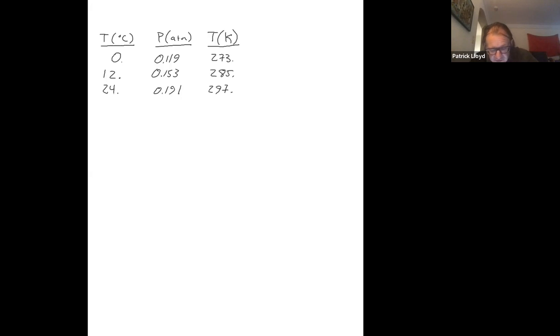The next thing I'm going to do is take the natural log of the pressure, ln of P. Okay, and I'm going to describe why I'm doing that in a moment, but let's just go through it. So you take your calculator and you either hit the ln and then the number, or if you're using one of the TI-30s, then you do the opposite.